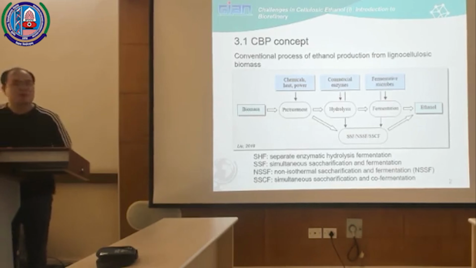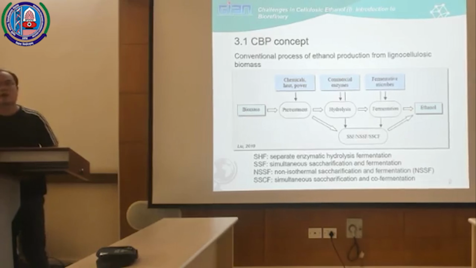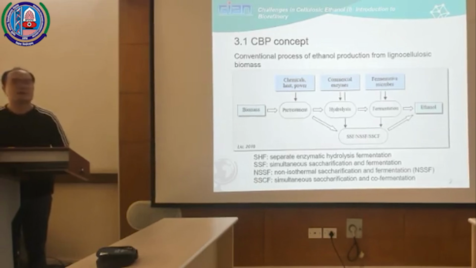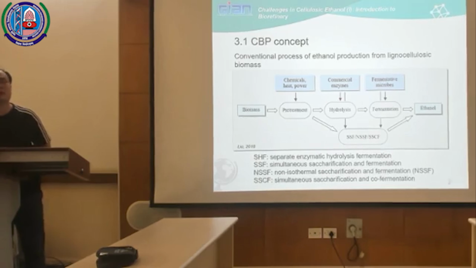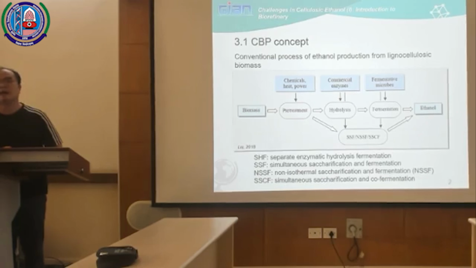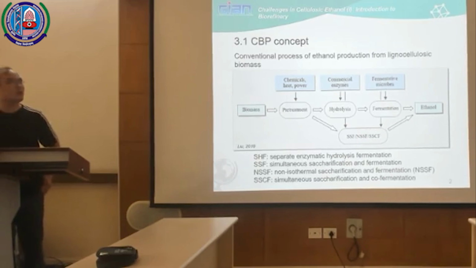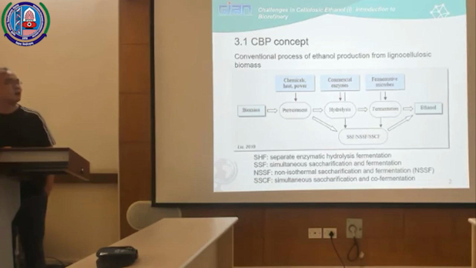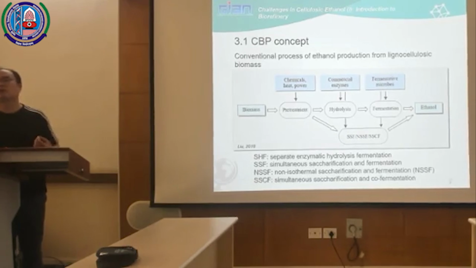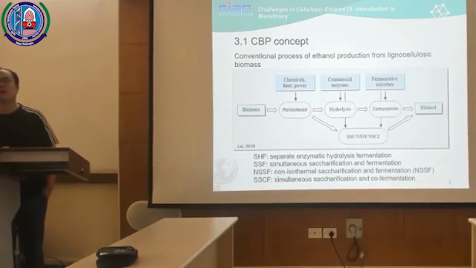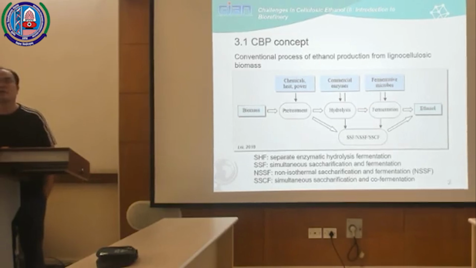And then we do the pretreatment of biomass with chemicals such as acid, such as sulfite chemicals for removal of lignin. And sometimes we use dilute alkaline. Alkaline is in general not as good as acidic agent because dilute alkaline is very difficult to recover. Only alkaline with high concentration can be easily recovered in the biorefinery system.